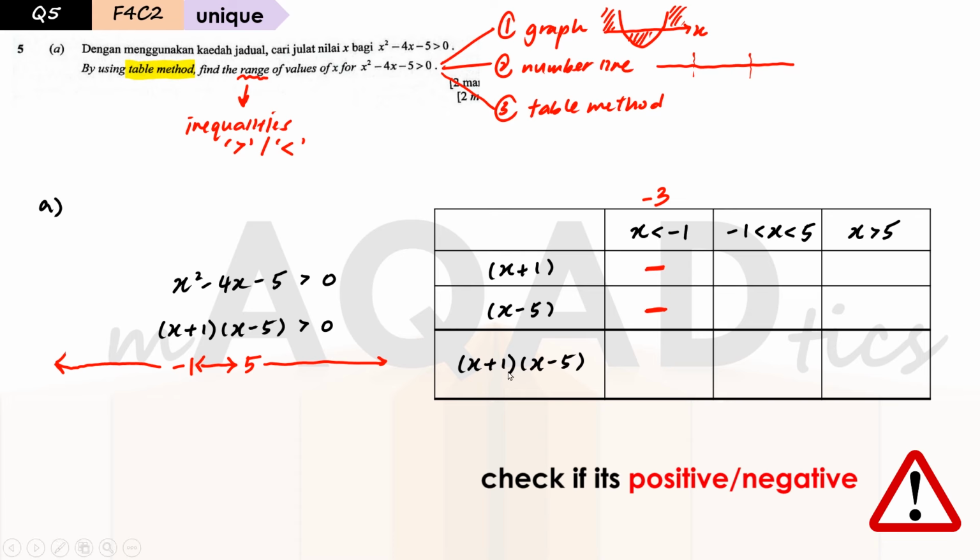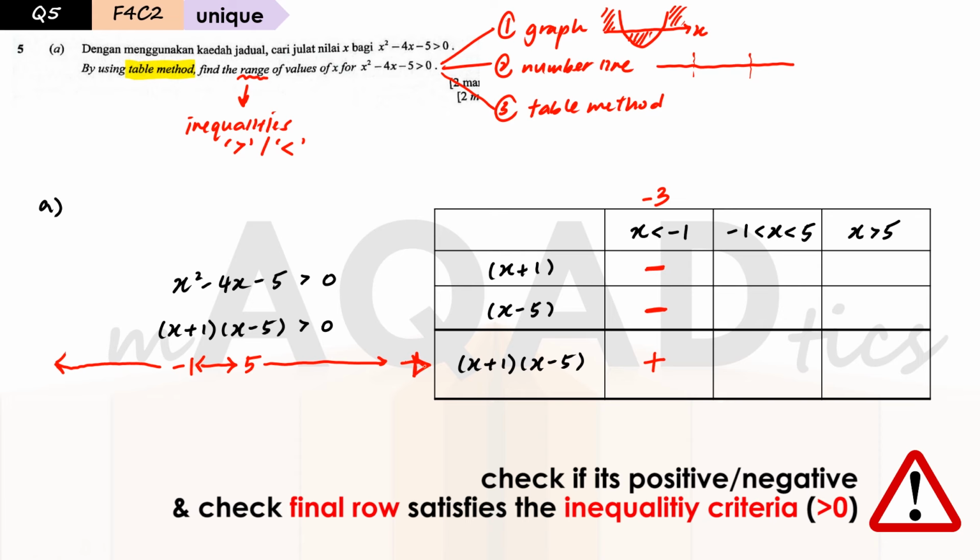For the last row, actually we don't need to substitute negative 3, because we have already found both of these are negative. If we multiply negative and negative, it would be positive. So for the last row we don't need to calculate, because we can depend on these two results. The final result is found by looking at this row.